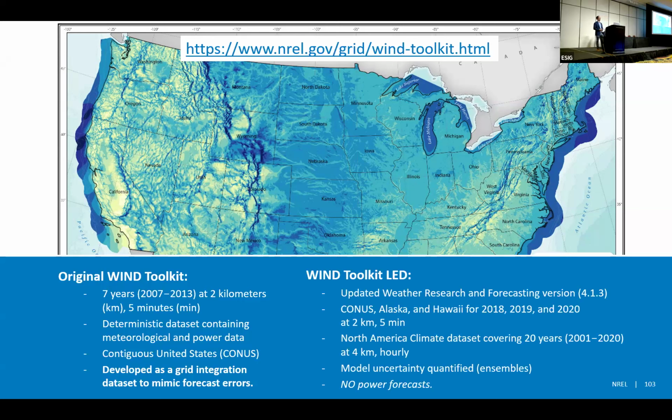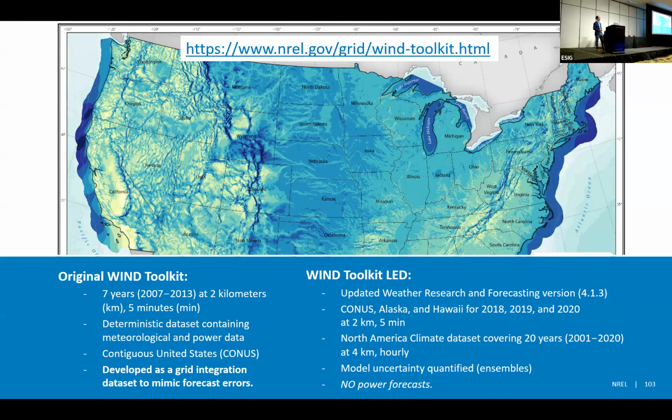So for the 3 historical years, 2018 to 2020, we have that 2-kilometer, 5-minute data over CONUS as well as Alaska and Hawaii. However, there is also a second data set, the North American Climate Data Set, that covers 20 years from 2001 to 2020, but at lower resolution, both temporally and spatially.